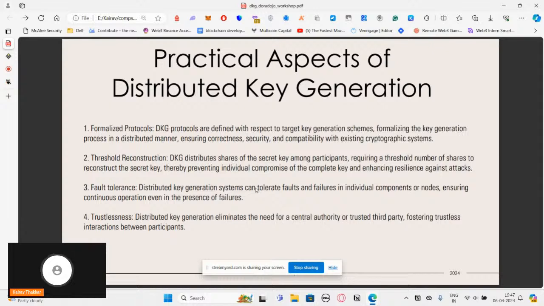So it makes it resilient against attacks. We have fault tolerance and trustlessness. When you talk about trustlessness, you don't need to trust a single individual, like the way you trust banks to keep your money, or you trust Facebook or Instagram to take care of your data. We know how that played out. It's basically that we are trusting the mechanism, not an individual. And the mechanism is the code that's running and the protocols defined by the people, operated not by a single entity, but by the whole network.